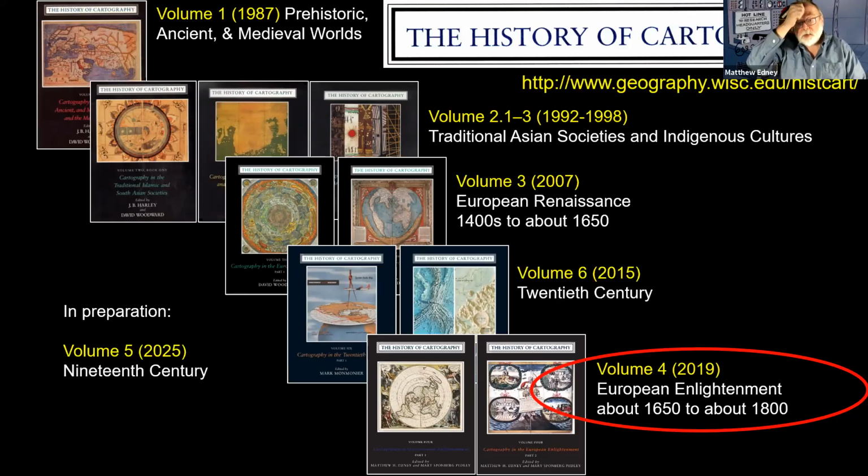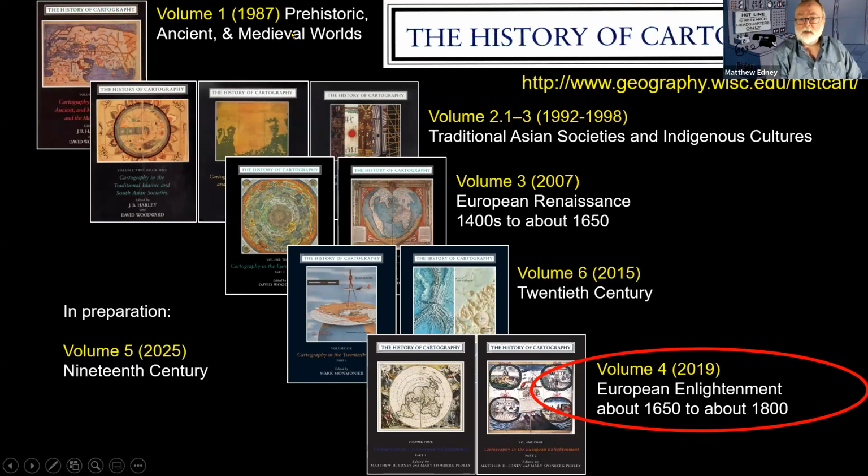Anyway, so David and Brian Harley had begun the History of Cartography project as a 4-volume series, which for various reasons we don't have time to go into today, rapidly grew into 6. And then volume 2 grew into 3 separate parts, and you can see them all laid out here. But volumes 1 through 3 took a very long time.